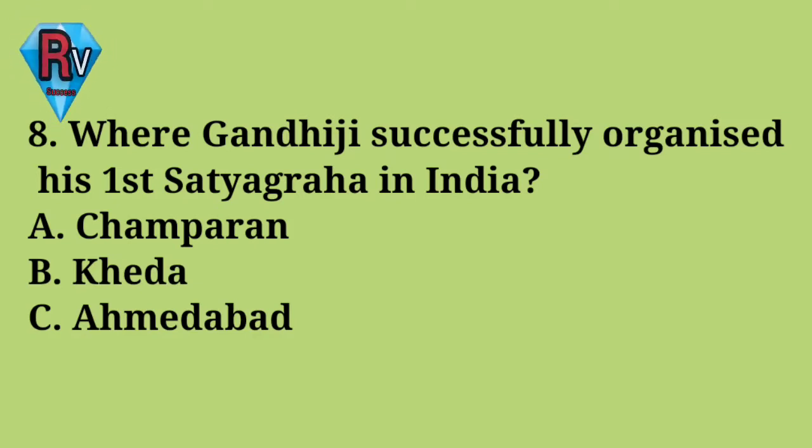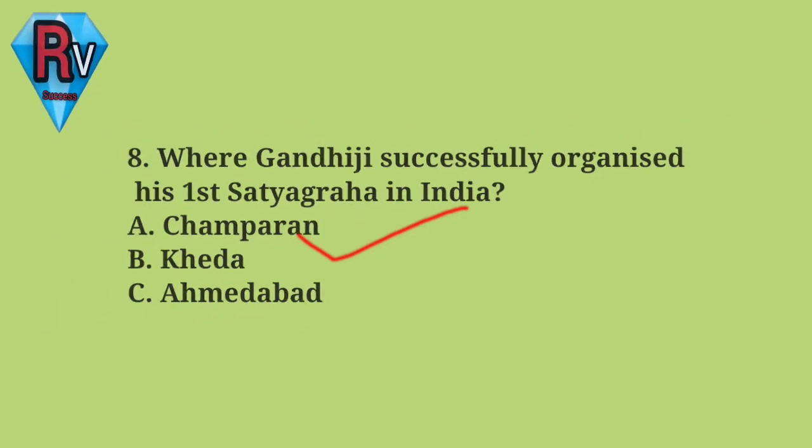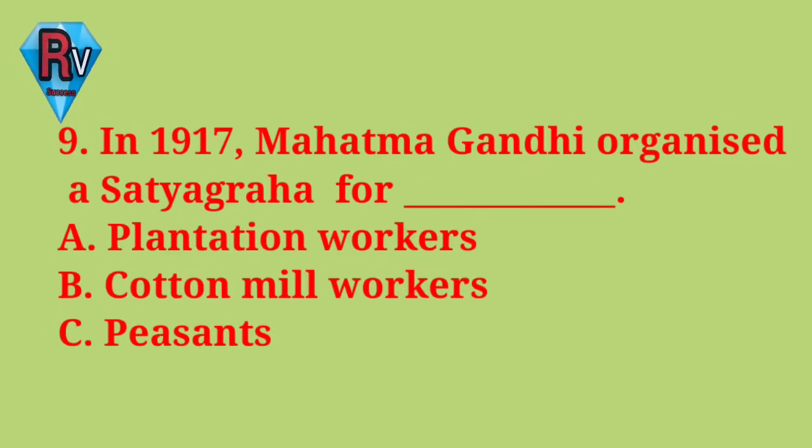A. Champaran, B. Kheda, C. Ahmedabad. The answer is Champaran. Next, in 1917, Gandhiji organized a Satyagraha for dash. A. Plantation workers, B. cotton mill workers, C. peasants. The answer is peasants.